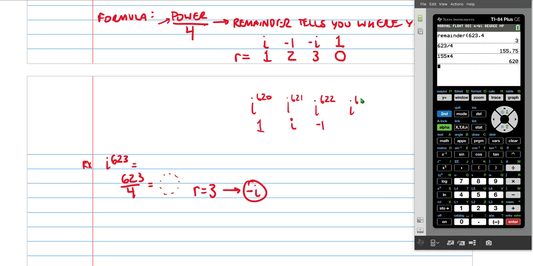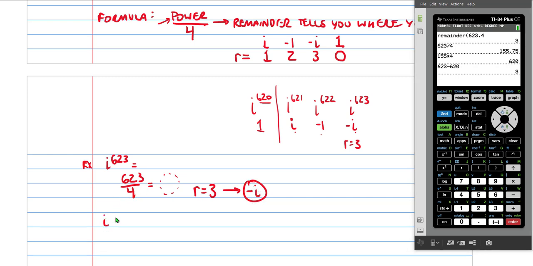And then i to the 623, we would land on that negative i. So the pattern had ended there at that power that was a multiple of 4. And then we go 1, 2, 3. In other words, our remainder was 3, which we could have figured out simply by doing 623 minus 620. And we get a remainder of 3, which means, again, we're on the negative i.